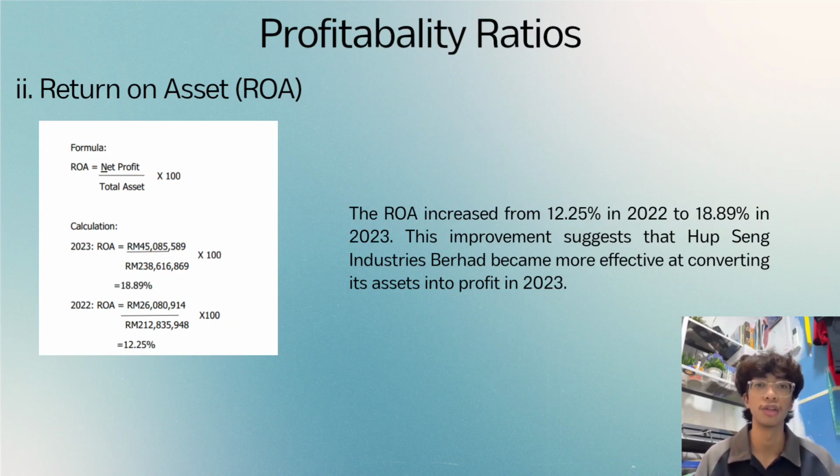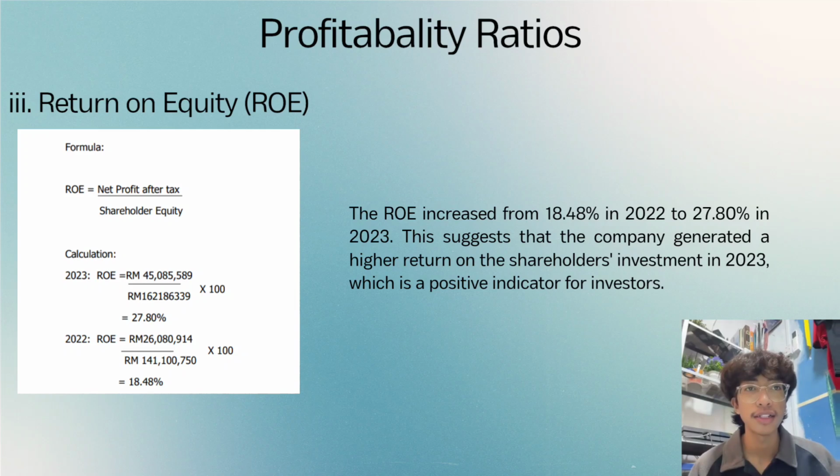For the last part, we will talk about return on equity, or we call it ROE. The formula is ROE equals net profit after tax divided by shareholder equity, and then multiplied by 100. So the calculation for 2023 we got 27.80%, and for 2022 we got 18.48%.